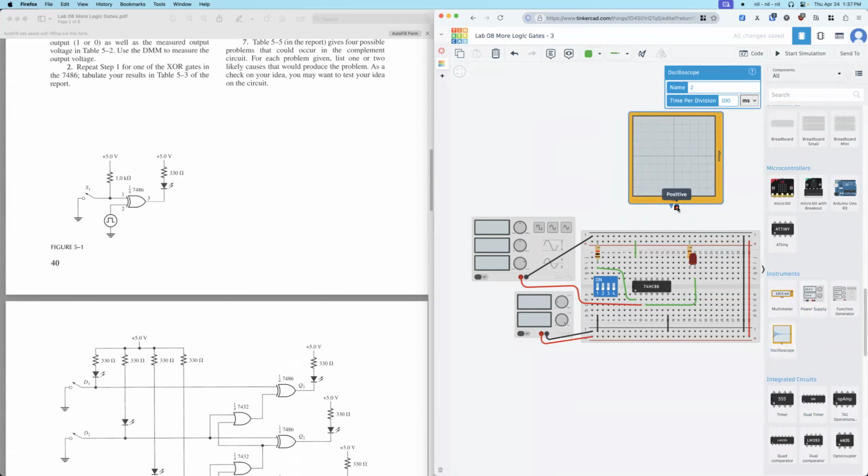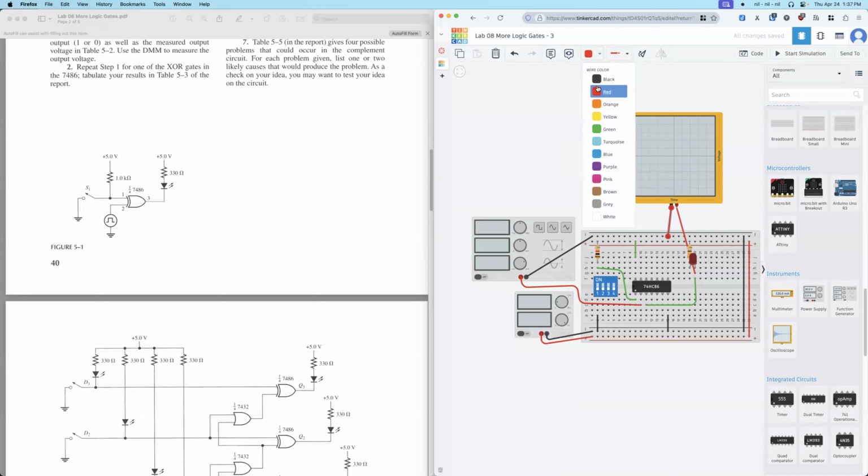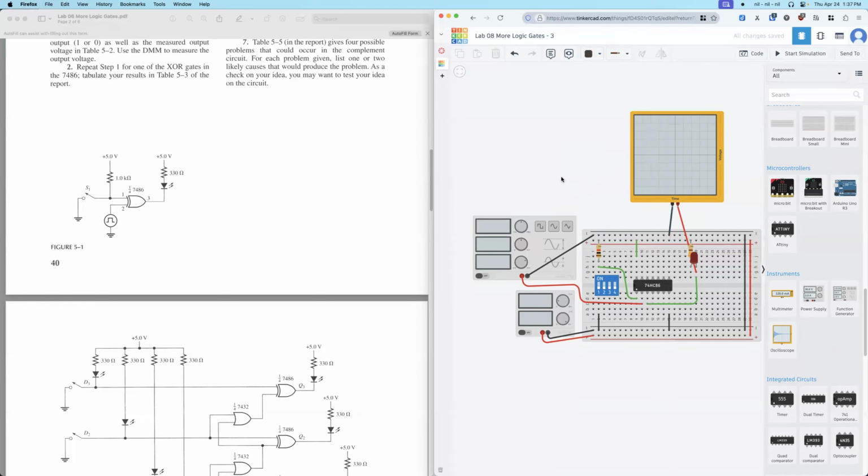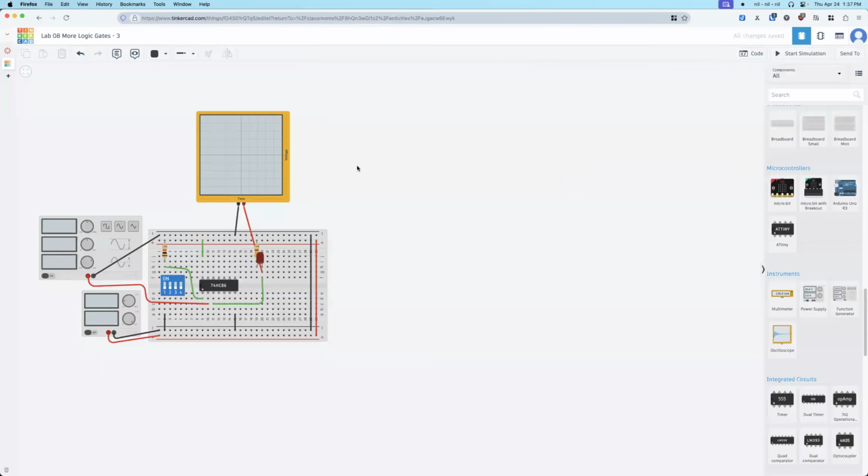Okay, so this is positive, so go to here. So this is the output, okay. Then negative, so just need to go to ground. Okay, so this is the circuit.